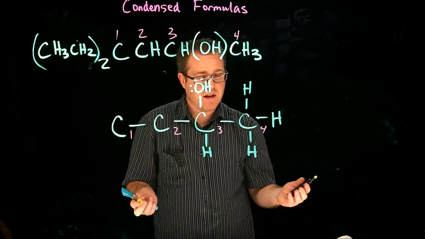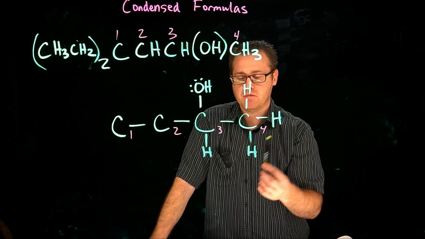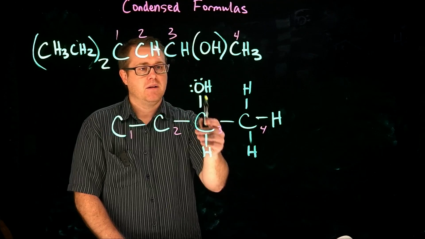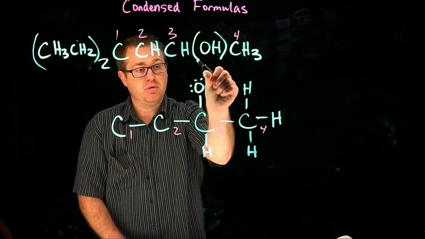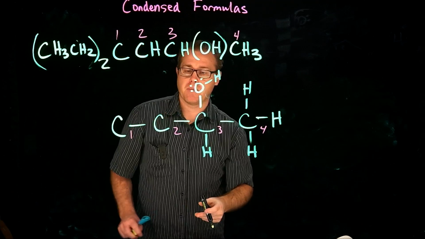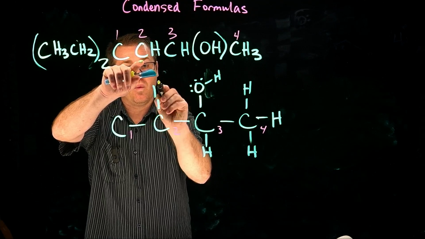Now when I'm taking a minute and pausing, I look at carbon 4, 4 bonds, looks good. Carbon 3, 1, 2, 3, 4, 4 bonds, looks good. Oxygen, when it's neutral, is going to have 2 bonds and 2 lone pairs. Looks good. We get to carbon 2, and I see that there's only 1 hydrogen.